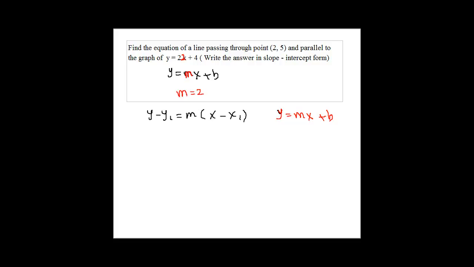Now the two lines are parallel. Sandra, what is the relationship of their slopes? What's the relationship between their slopes if two lines are parallel? It's inconsistent. I'm not sure what you mean by inconsistent. Brian?